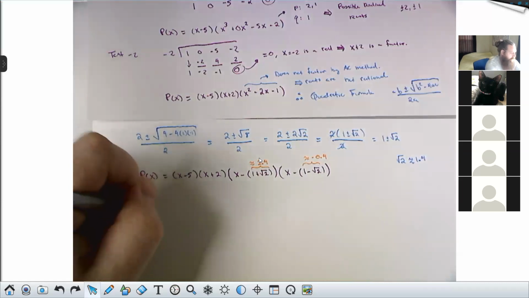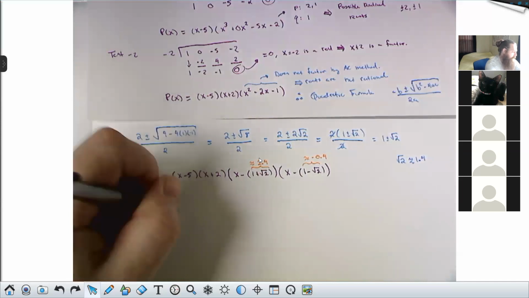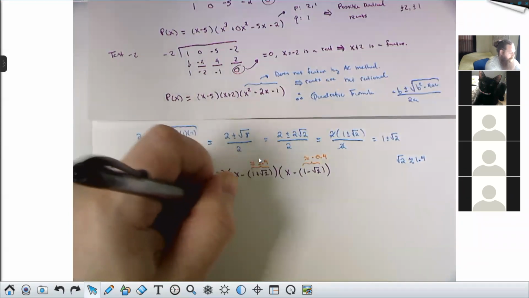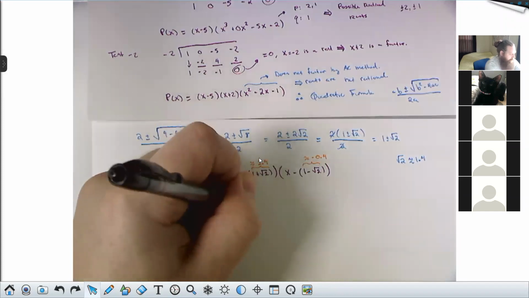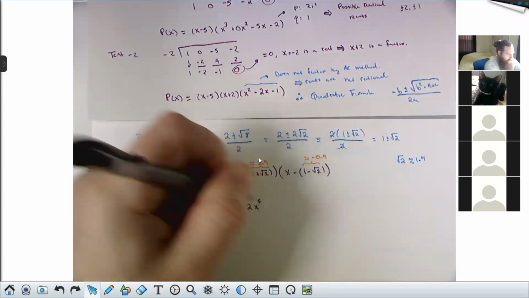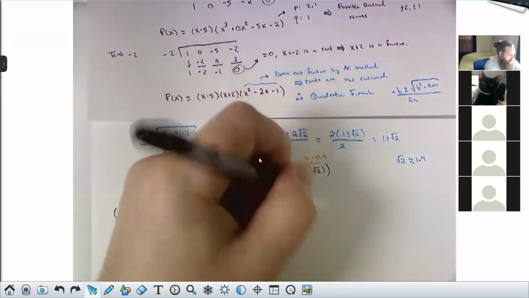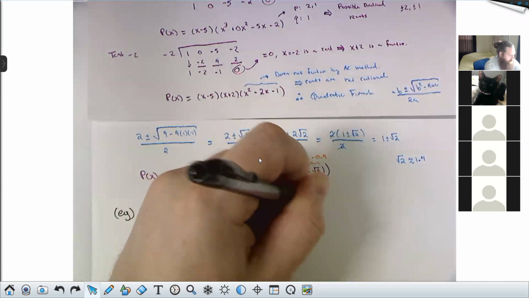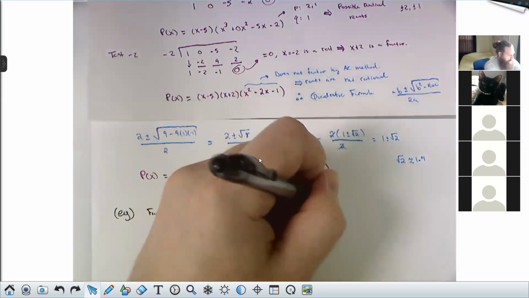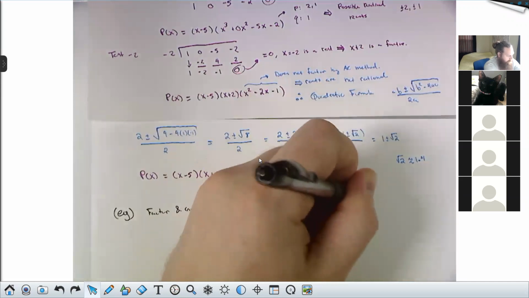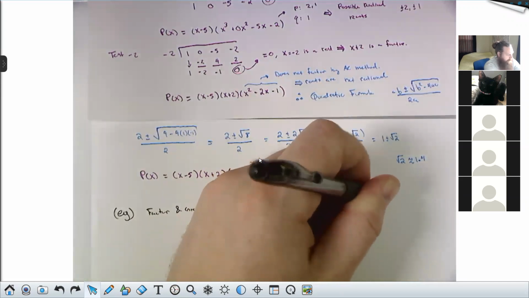We're going to factor and graph the polynomial p of x equals 2x to the 5 plus 5x to the 4 minus 8x cubed minus 14x squared plus 6x plus 9.